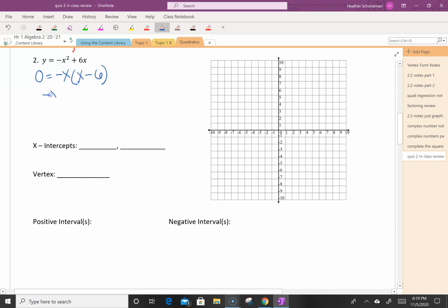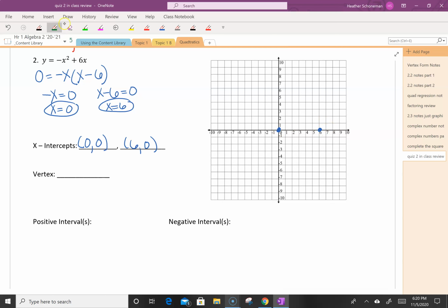So when I solve, I get negative x equals 0 and x minus 6 equals 0. You can't have a positive and negative 0, so x is just 0. And over here, x is 6. So my x-intercepts are (0, 0) and (6, 0).